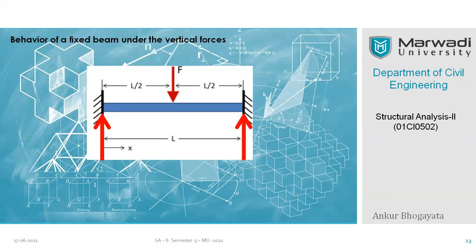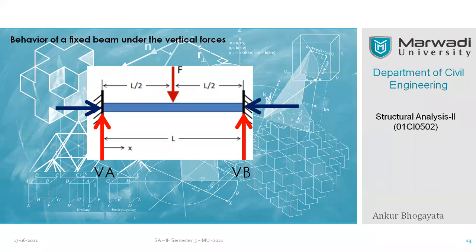Naturally, there are two vertical reactions which will be primarily developed, called VA and VB. You can very well imagine that any fixed support will first of all offer you a vertical reaction. Then the second set of reaction forces offered by the fixed end is the horizontal thrust.